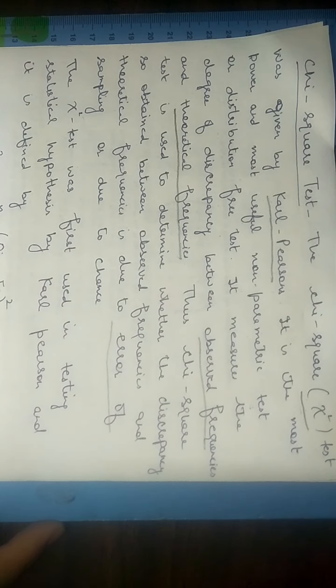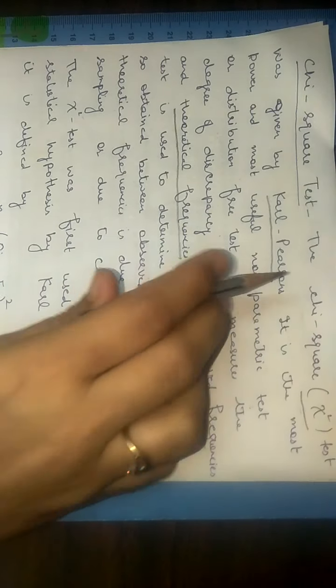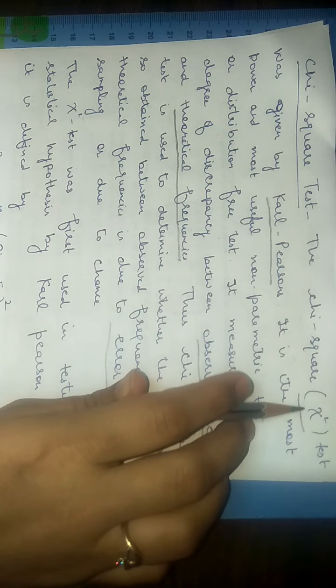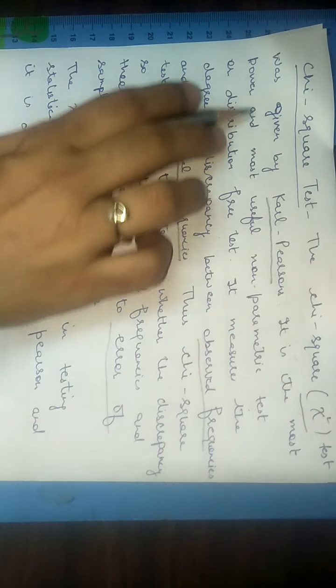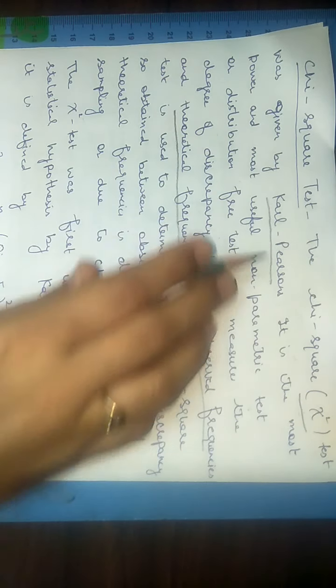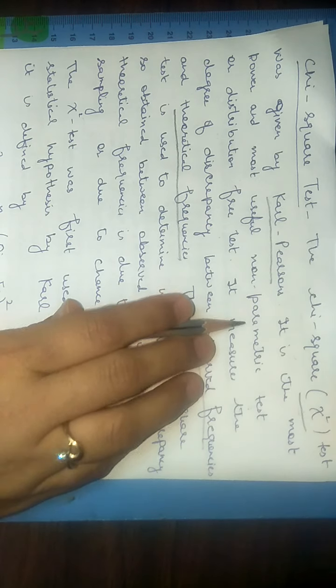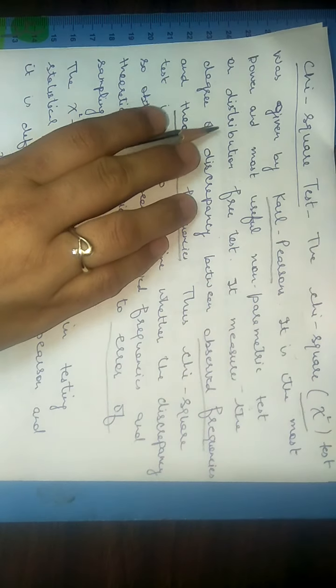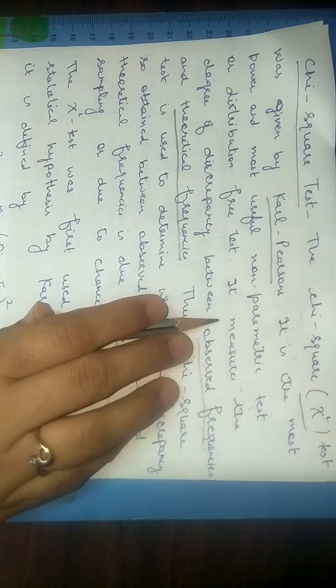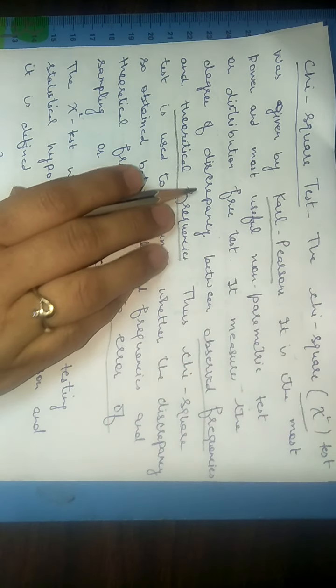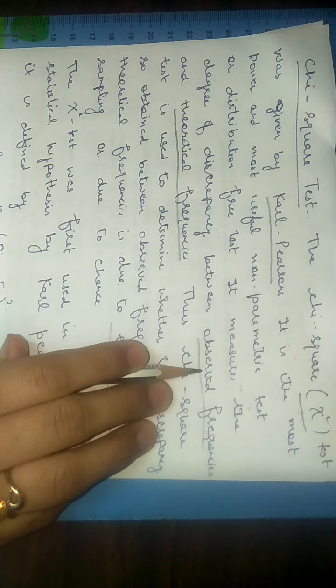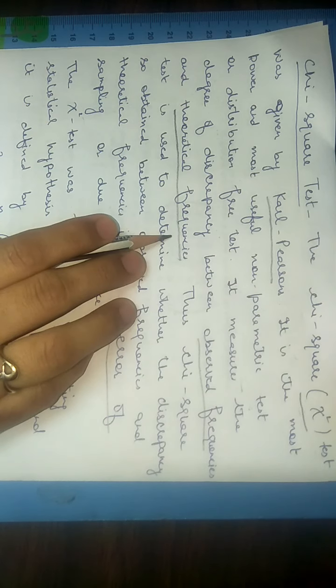Today we are going to discuss the chi-square test. The chi-square test, this is the notation, was given by Karl Pearson, and it is the most powerful and most useful non-parametric test or distribution-free test. It measures the degree of discrepancy between observed frequency and theoretical frequency.